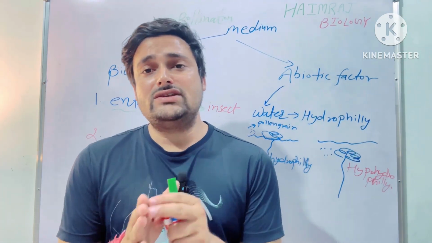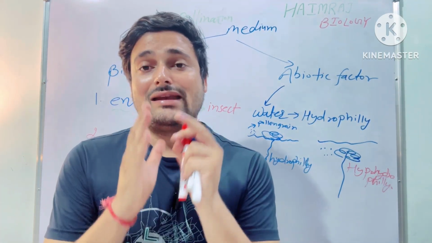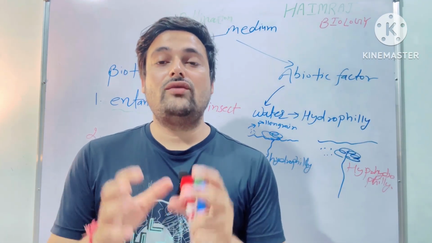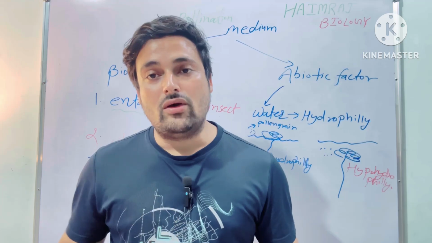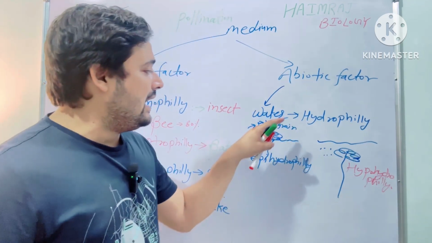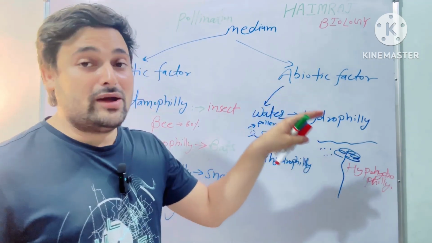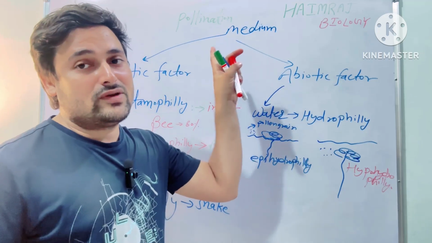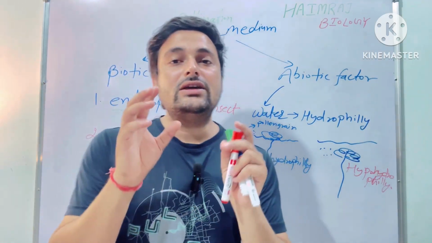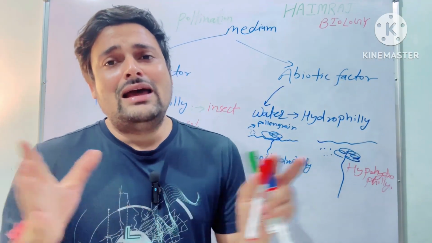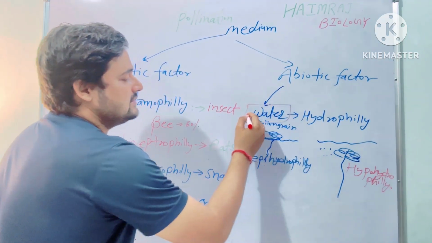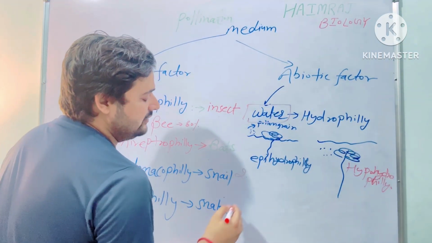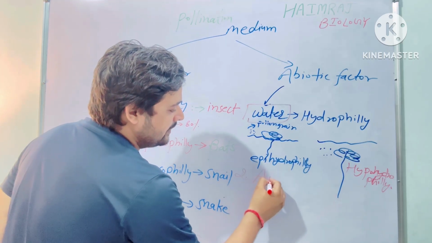So if your flower is very attractive and colorful, then many kinds of insects will go to that flower and pollination will take place. But if abiotic factor is doing this process, in that case your flower can be unattractive. Okay, so water is the first one. Second one can be air.